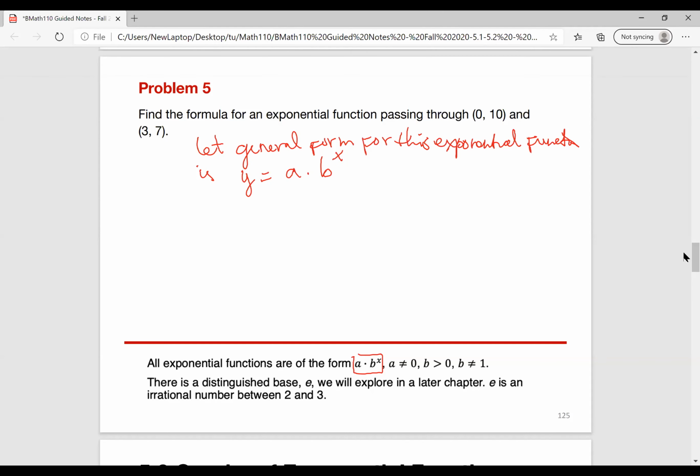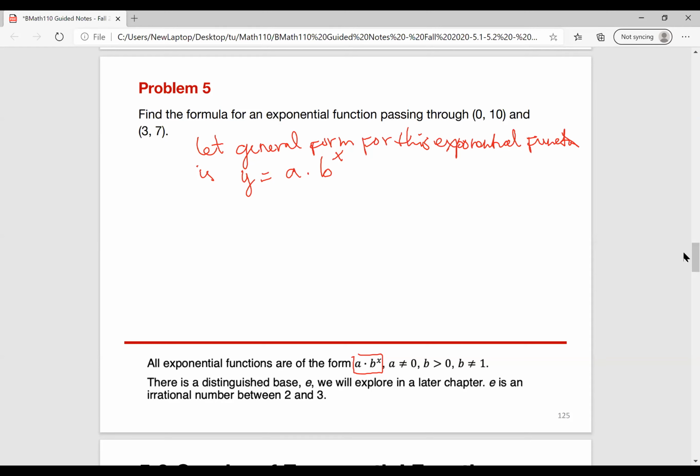Remember that every exponential function has to have this general form. So when you find any exponential function that's passing through 2 points, you must have this general form. The thing in here is we are looking for a and b, right?